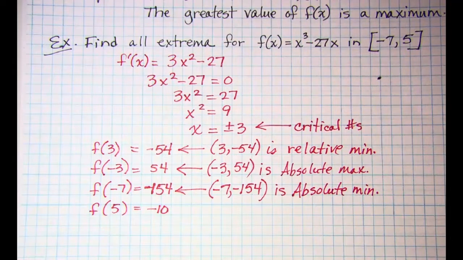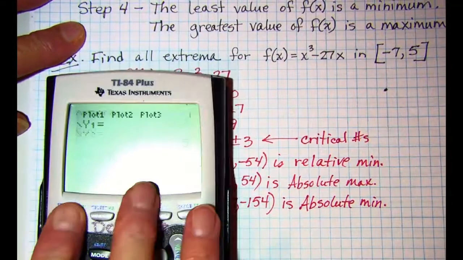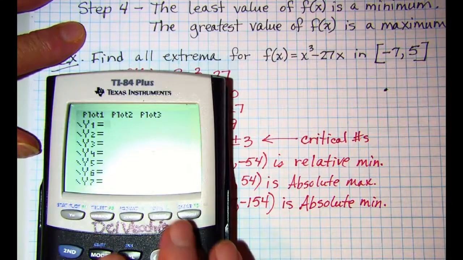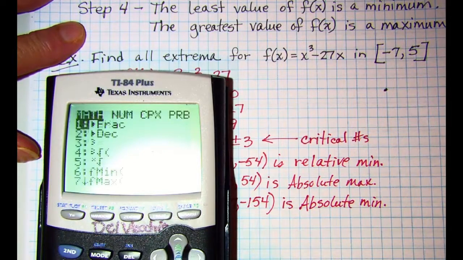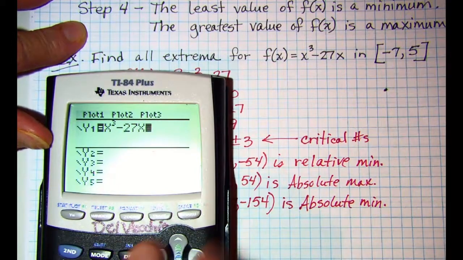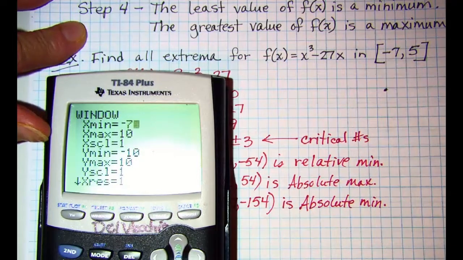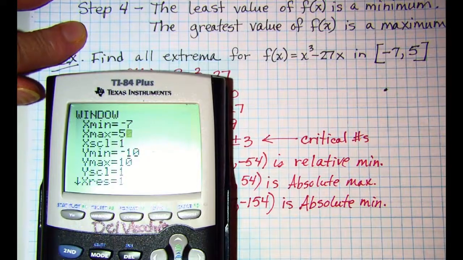Now, if we take a look at that graph, x cubed minus 27x, and I want to do it in the window from x equal -7 to x equal 5.